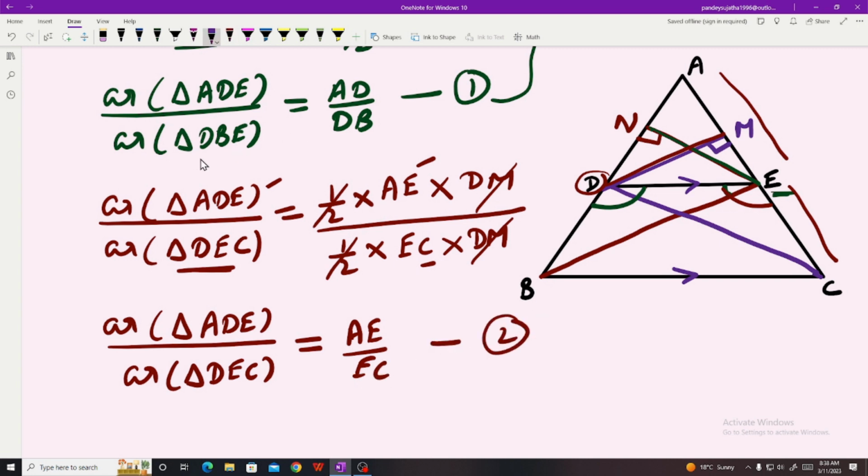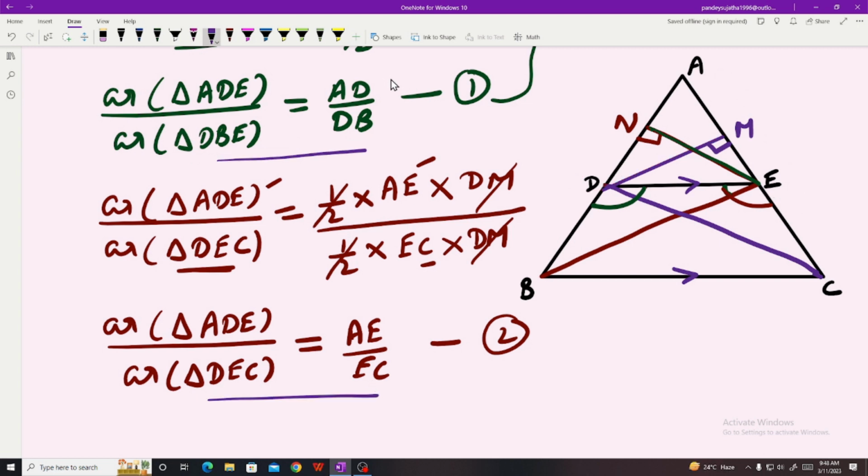Observe the first equation and the second equation. We need to prove AD upon DB is equal to AE upon EC. So to prove the right hand sides equal, we need to show that the left hand sides are also equal.